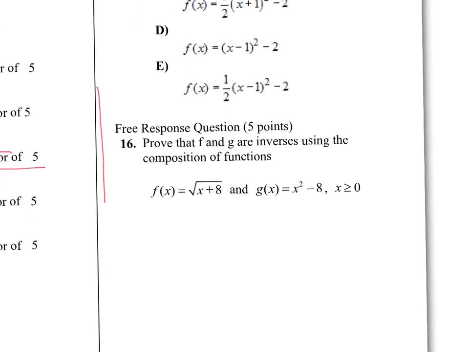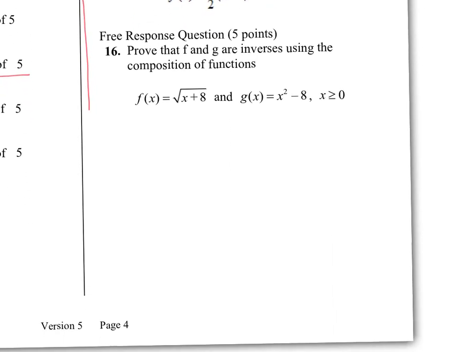Alright, we're going to move on. Now, this is our free response. I told you about this one that it was coming. To use composition of functions, we have to take f of g of x and g of f of x.